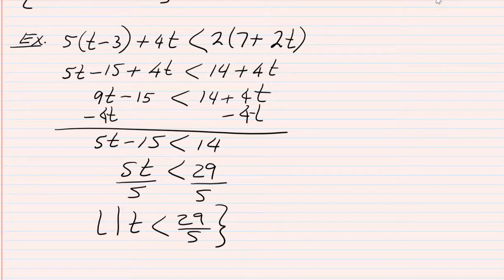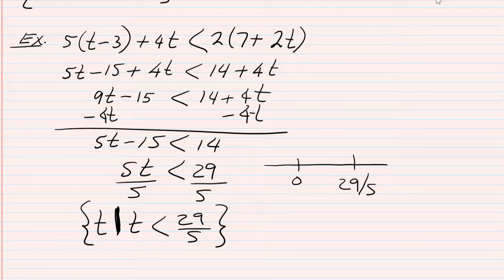Create those curly braces, put the variable name, and the vertical line must be there. So here's the set builder notation. On the number line, here is 0, and call that 29/5. 30/5 would have been 6, right? So this is a little bit less than 6, about 4.8-ish.